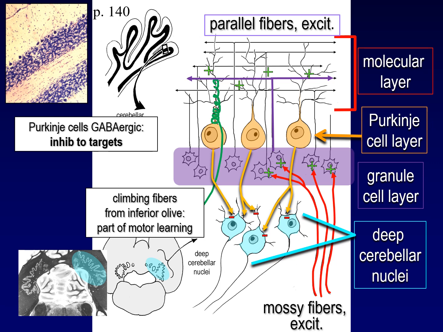I'm trying to show you the cellular elements, the neuronal elements of the cerebellum that are important to us. The vast majority of the input comes through those mossy fibers, which are excitatory, and that's things like proprioception that we talked about, vestibular sense, and information from the cortex, all that good stuff coming into the cerebellum. That's arriving via the inferior and middle cerebellar peduncles.